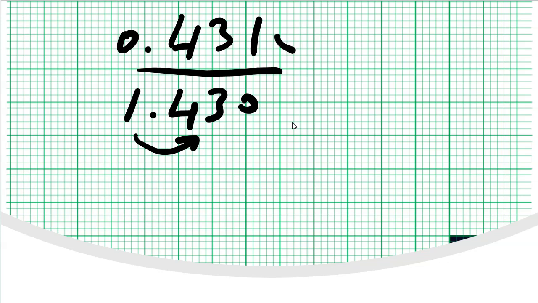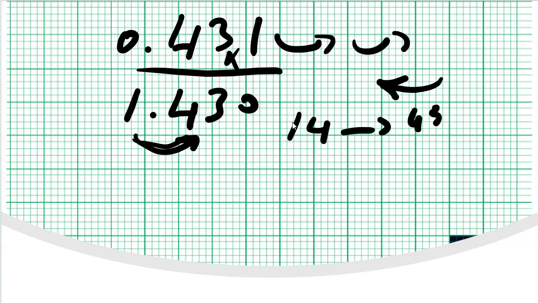So I go to the right with the decimals 2 times to make it 243, and I go 1 time to make it 14. So in all, I went to the right one time with a decimal. So when I'm done, I have to go back to the left one time with a decimal. So how many times does 14 go into 43? Around 3.0 something.